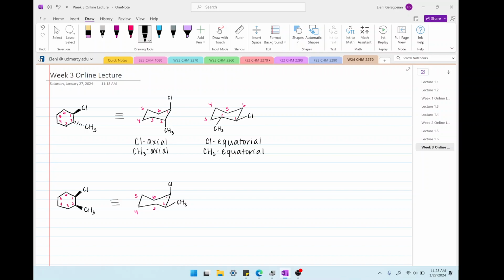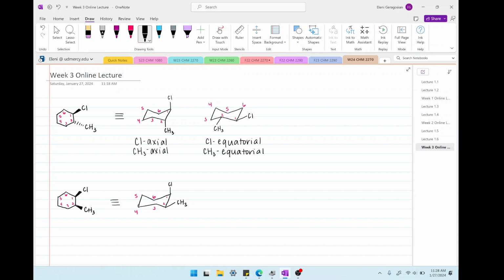And these 2, we call these conformational isomers, or conformers. So these 2 conformers can be interconverted by twisting around the carbon to carbon bonds.